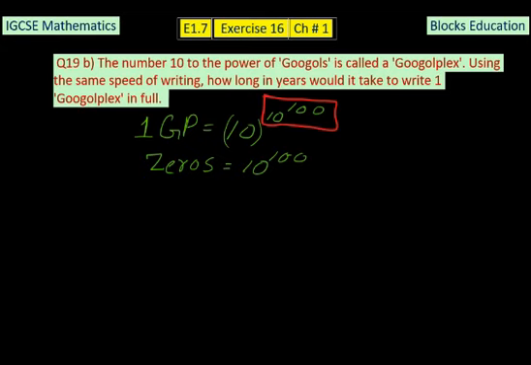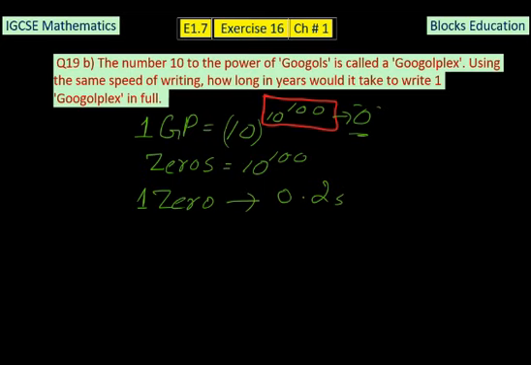Now this number represents the number of zeros you have to write. It means the number of zeros you have to write is 10 raised to power 100. And we know that one 0 will take 0.2 seconds to write, and you have to write 10 raised to power 100 zeros.